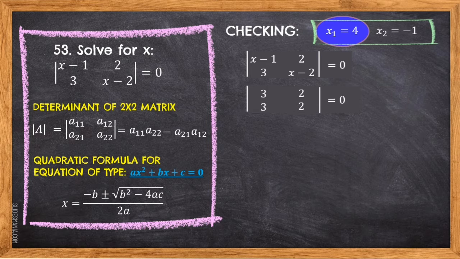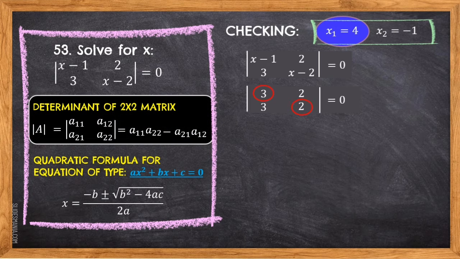So we now have the determinant |3, 2; 3, 2| is equal to 0. Using the determinant of a 2 by 2 matrix, the determinant is equal to 3 times 2 minus 3 times 2. So 3 times 2 is equal to 6, minus 3 times 2 is equal to 6, which is equal to 0. 6 minus 6 is equal to 0, which is equal to 0. It is equal, so the x sub 1 value is correct.